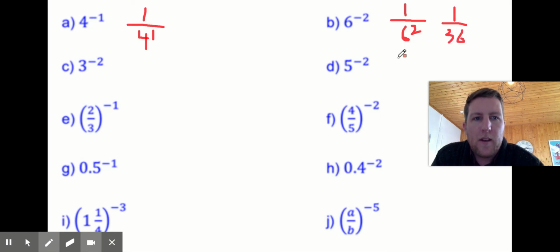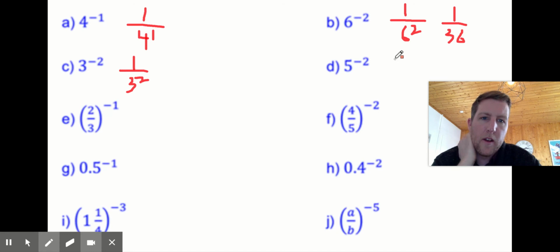It is not easy. 3 to the power of negative 2, we just did that one. 1 over 3 to the power of 2. 5 to the power of negative 2 is 1 over 25, or you could just write 5 to the power of 2. It's okay. So we flip it into a fraction and we get rid of the negative.